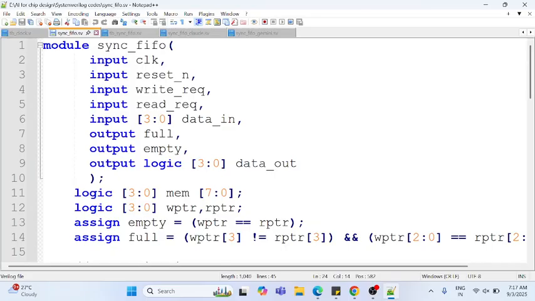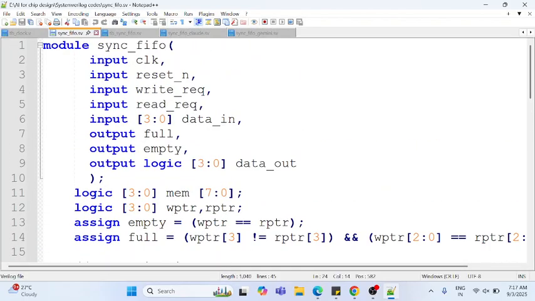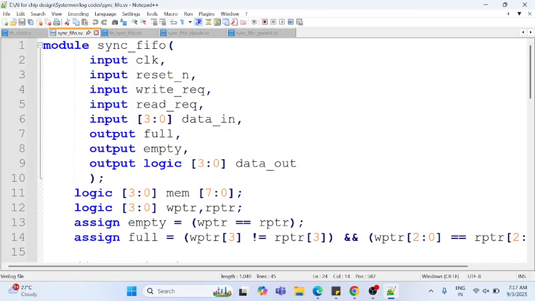So we have the following interface. We have inputs clock and reset_n. This should be a synchronous reset that has been implemented here. Then we have write_request and read_request. Write_request is used for writing the data.